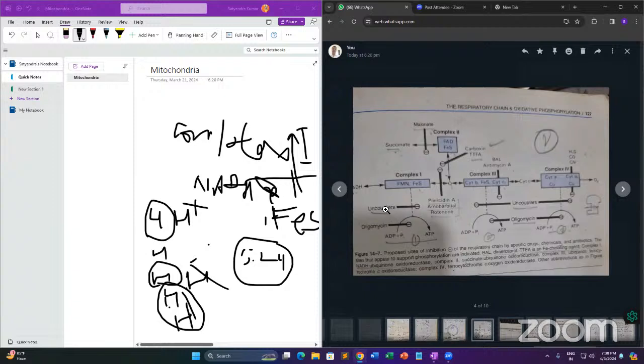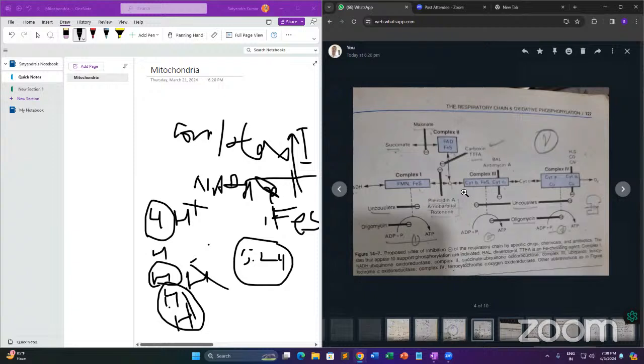That's why electrons flow continuously from complex first to the final acceptor, oxygen, but the movement of the proton is inhibited. So ATP is not produced. That is known as an uncoupler.